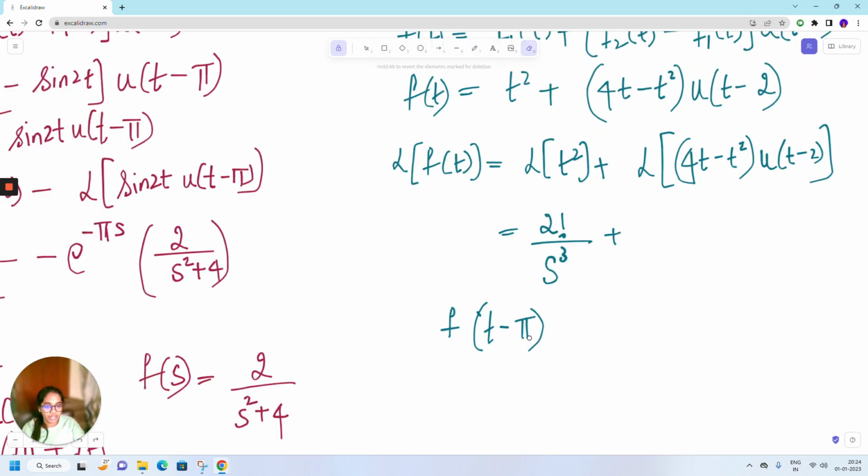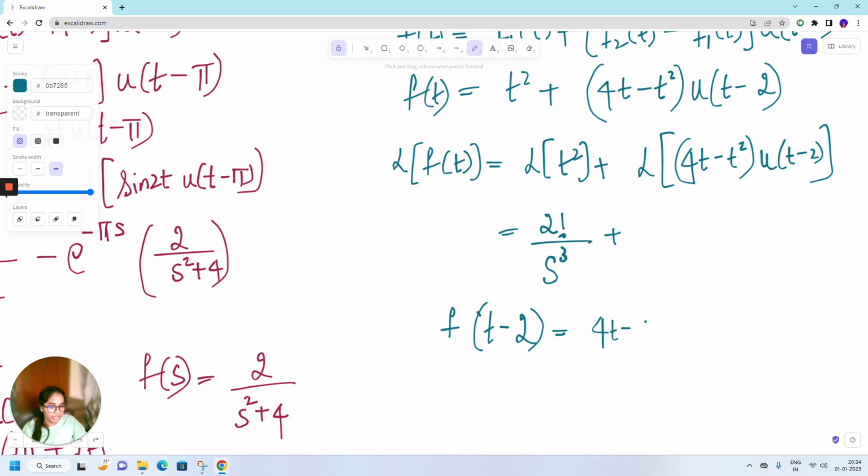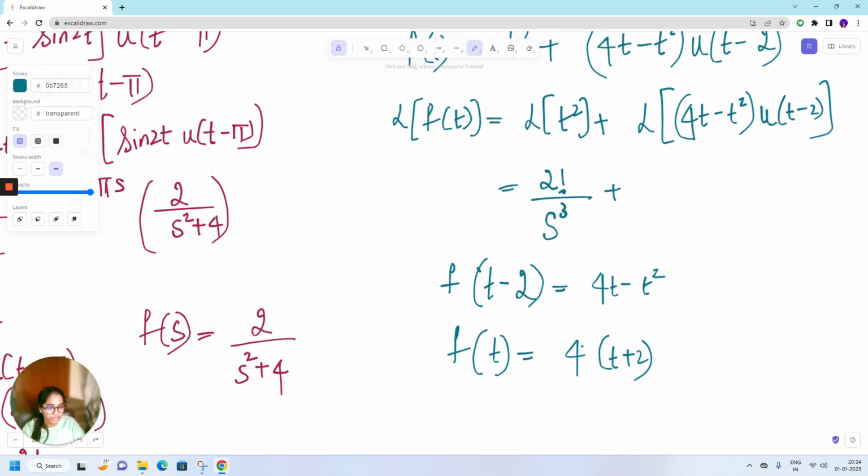In place of a, I have 2. F of t minus 2 is equal to 4t minus t square. So I would replace t with t plus 2. To get f of t, I would get 4 into t plus 2 minus t plus 2 the whole square.